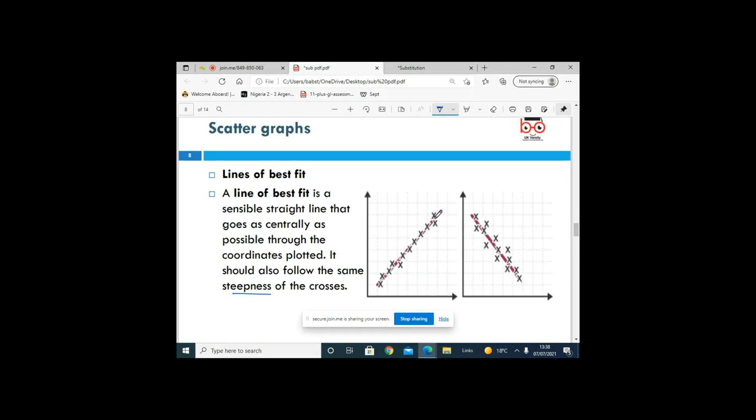Because for example, if one point is here and there's one data here, and you draw the line of best fit like this, no, it doesn't match. It has to be central. Any point that does not fit is called an anomalous result. It's an anomaly. Maybe there was a mistake when they were performing the experiment.